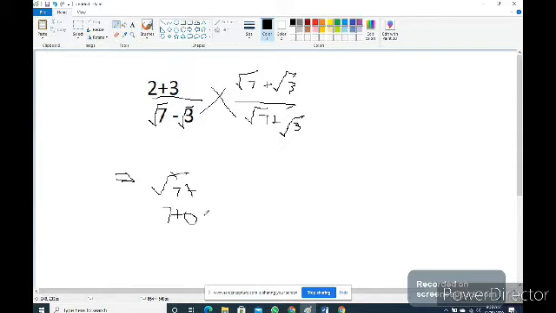Then we need to multiply the numerator as well: we have 2 plus 3 into root 7 plus root 3. First let's multiply with 2 root 7 and then 3 root 3.